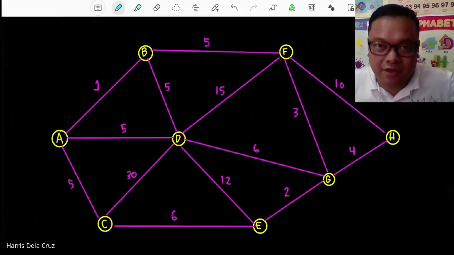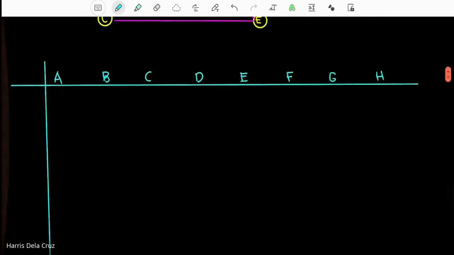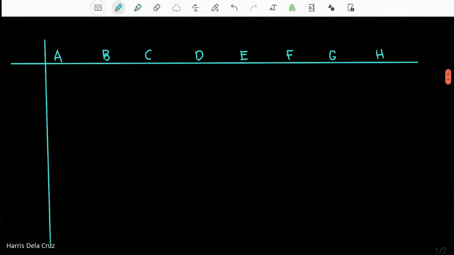So let's start. When you're finding the shortest path between two vertices using Dijkstra's algorithm, the first step is to create a table with rows and columns representing the vertices of your graph.